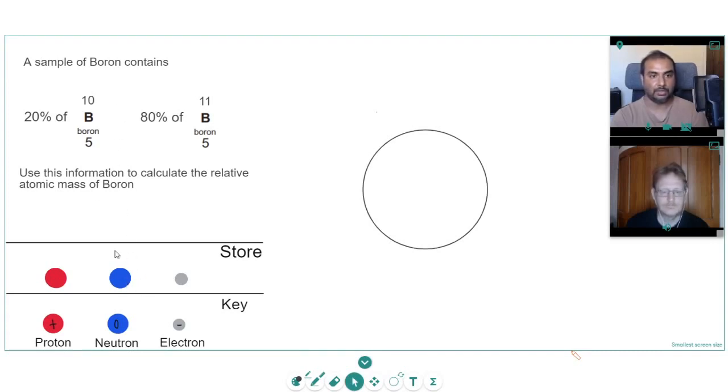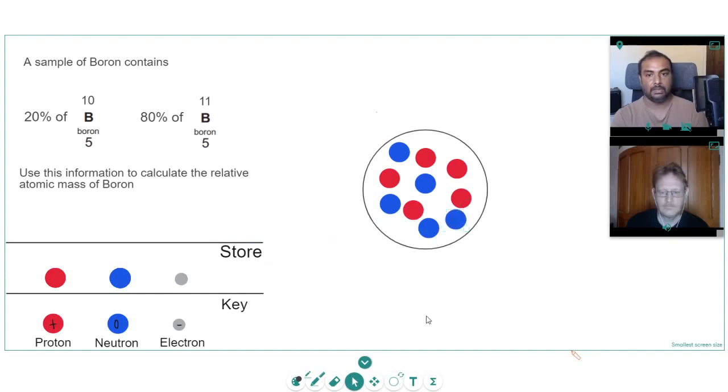So we've got 5 protons and 5 neutrons. I'll put that there. So that's the 5 protons and 5 neutrons, giving us a total atomic mass of 10.